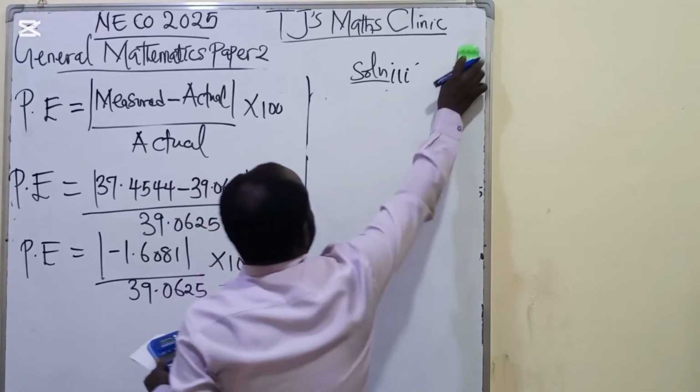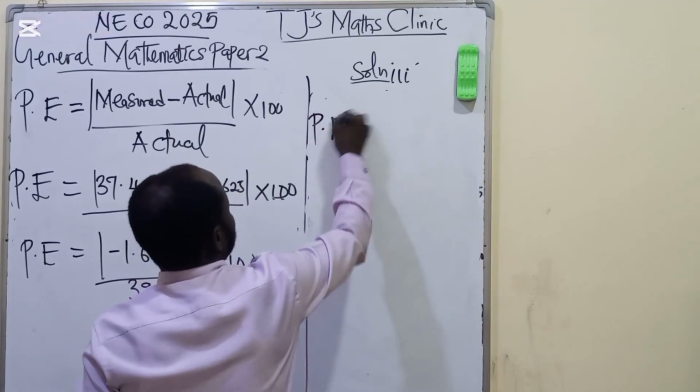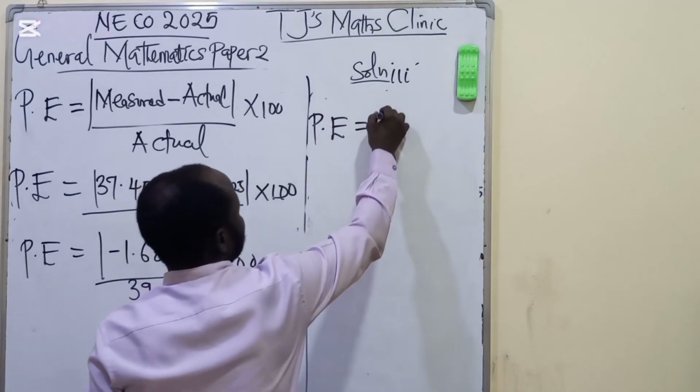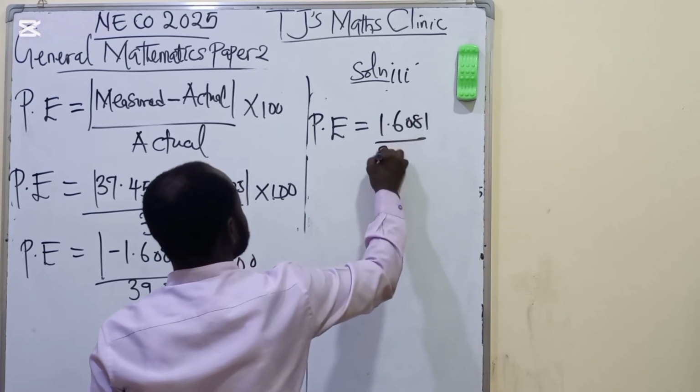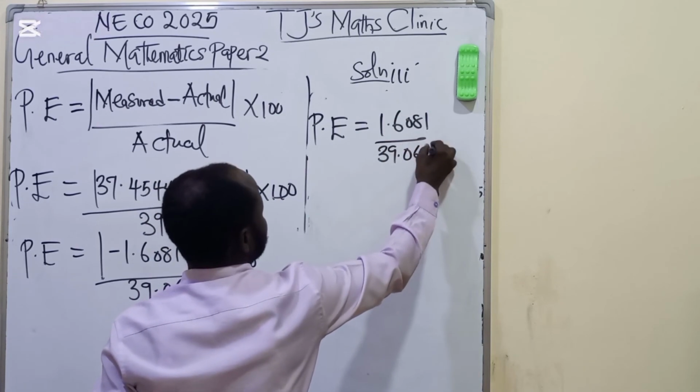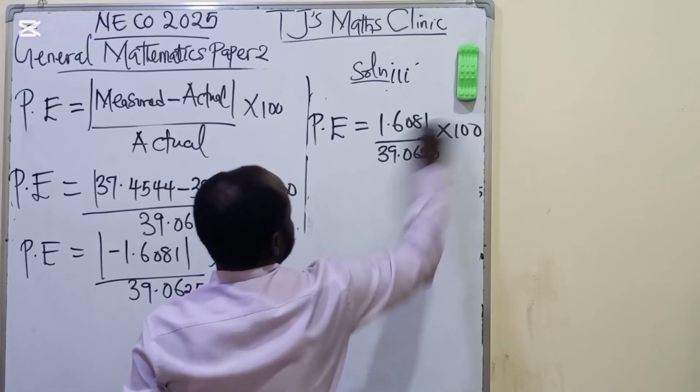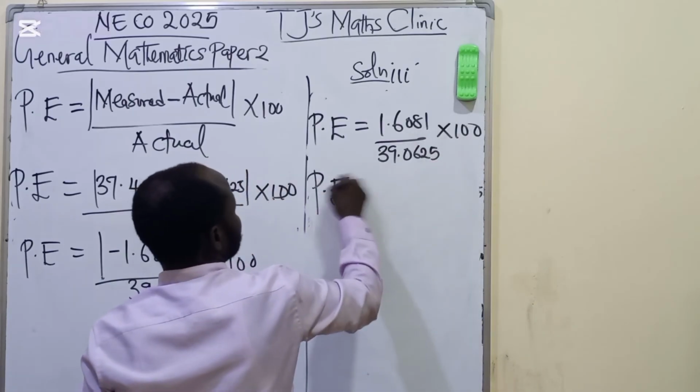So the percentage error will be 1.6081 divided by 39.0625 times 100.